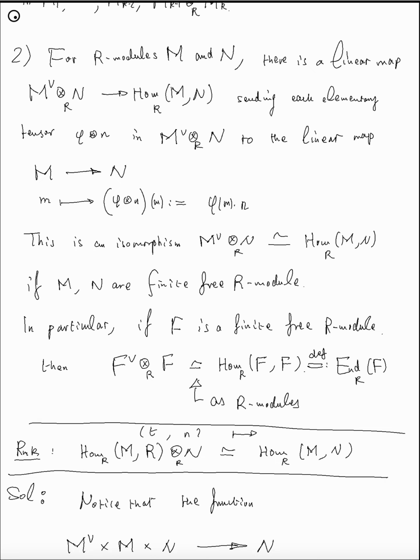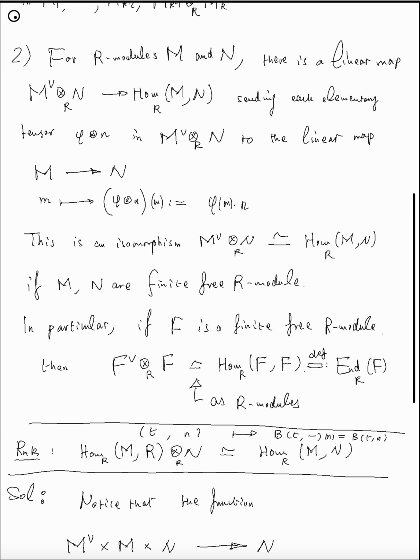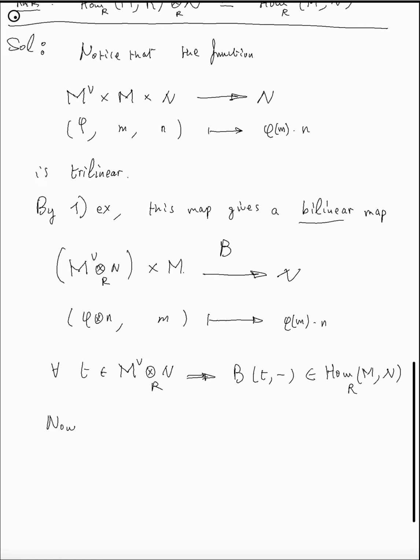I've constructed this: B_T evaluated at n, which is B_T(n). Yeah, the construction is already given at the beginning. It's described in here. Okay, we just rewrite this using a bilinear map instead of a trilinear one.